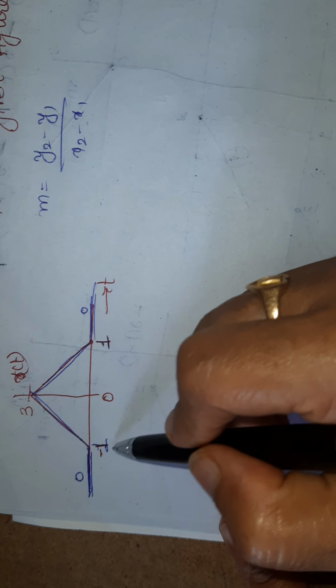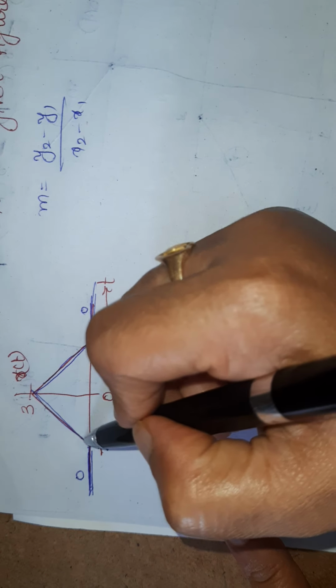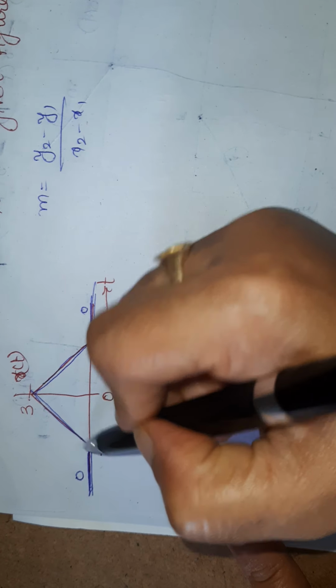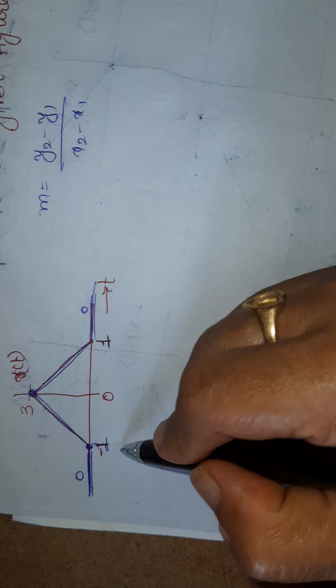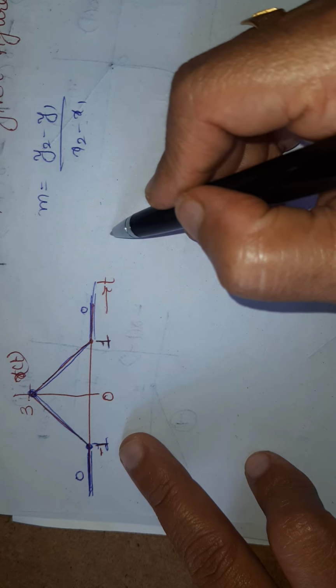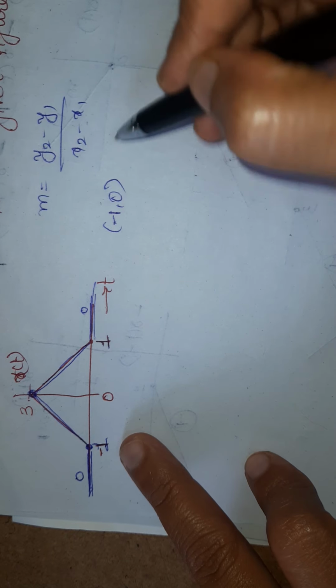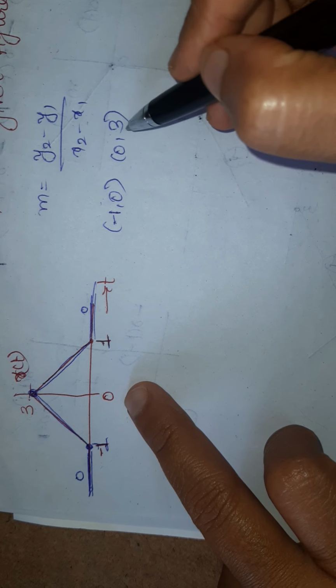So rising slope. How to calculate the slope? We first write down x1 y1 and x2 y2. The signal is starting from this point, ending at this point. So point P1 and point P2. Point P1 is minus 1 comma 0 and point P2 is 0 comma 3.